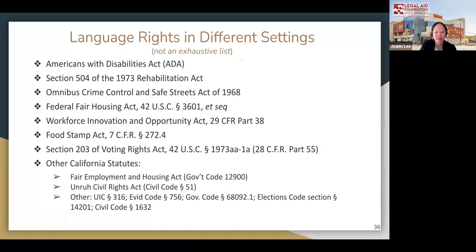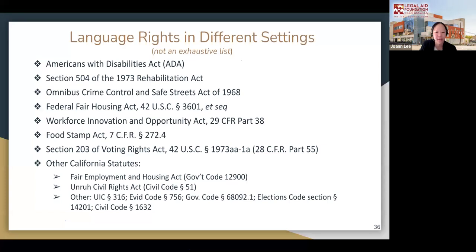I also wanted to note some of these other statutes in other sectors such as housing, law enforcement, and employment. There's a Food Stamp Act that specifically talks about requirements around language services. We see them in the context of voting rights. Also within the state of California, we have specific statutes that cover fair employment and housing.